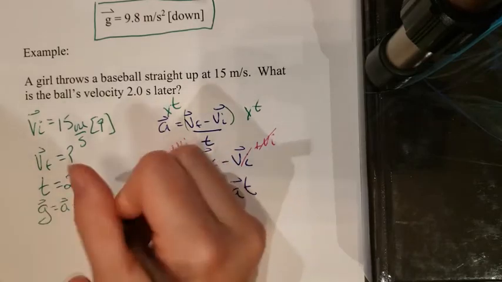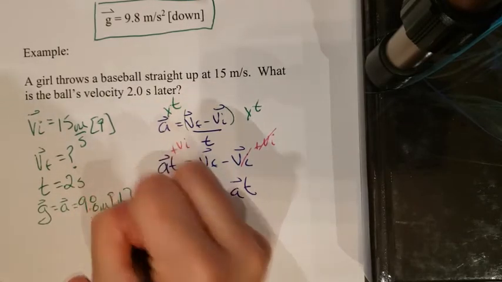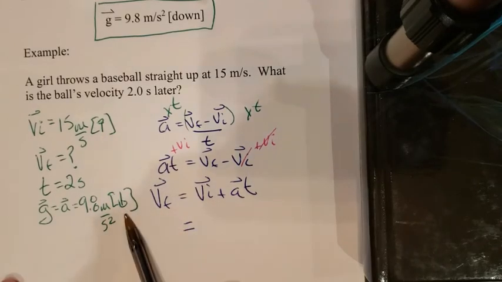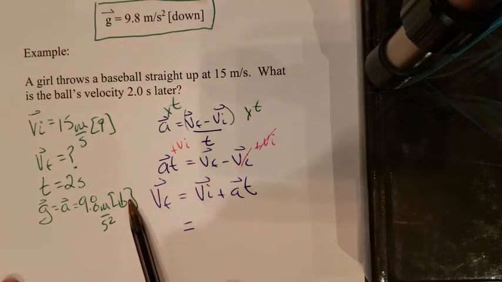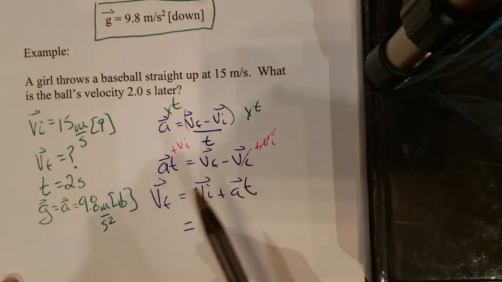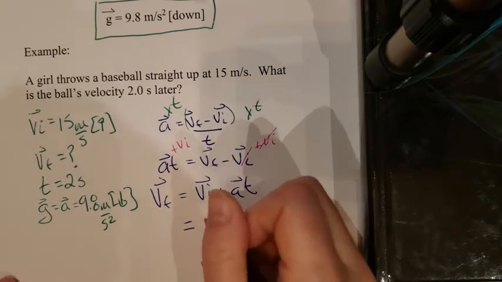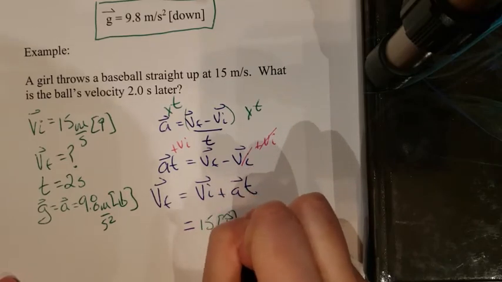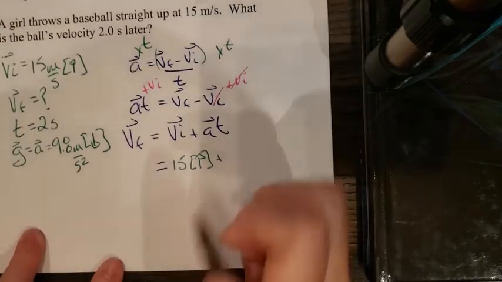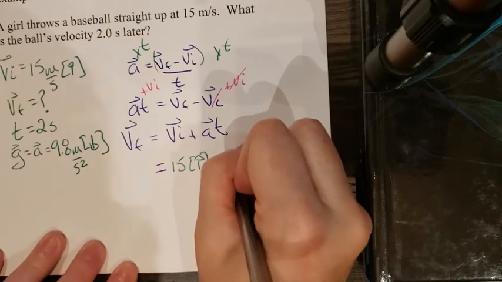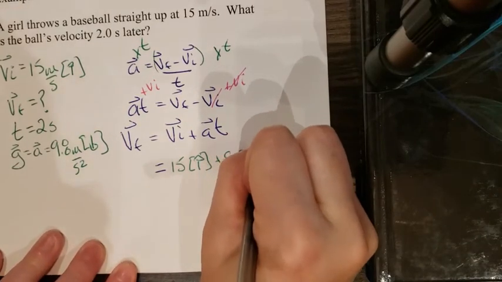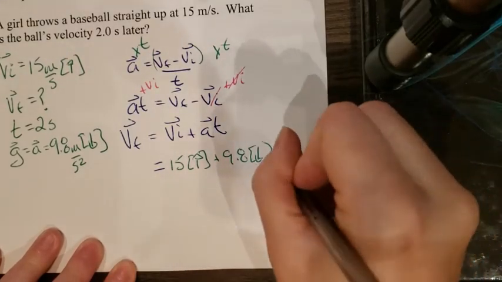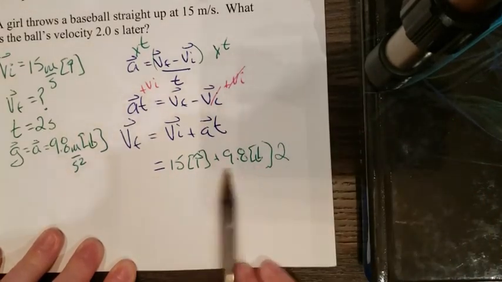Now, when I look at my given information, I forgot to write down the down. This is up and this is down. That's a problem. Okay, your arrows need to be pointing the same way. So when I first write this out, if I write down 15 up plus 9.8 down times my time, which is 2 seconds, I need to fix one of these.